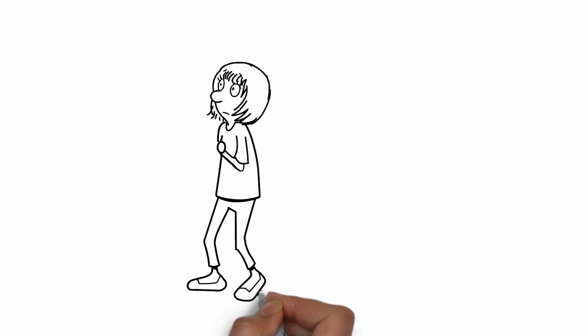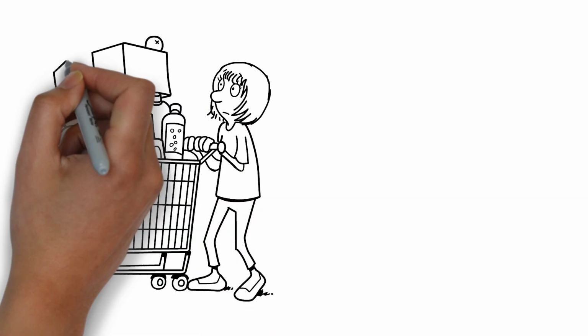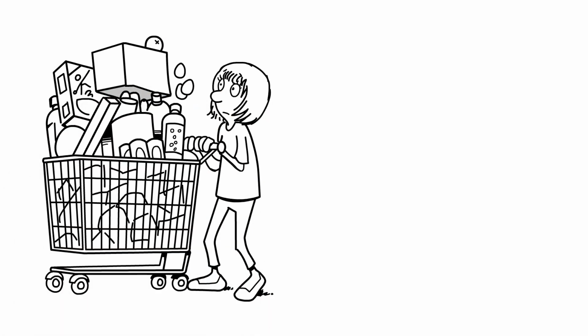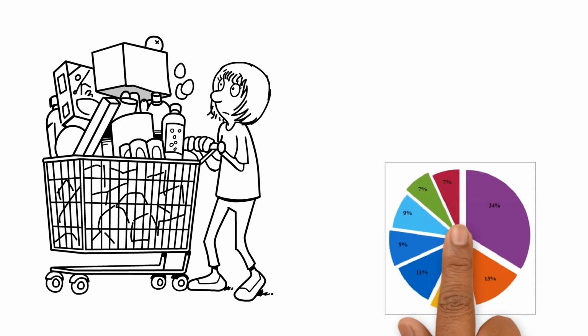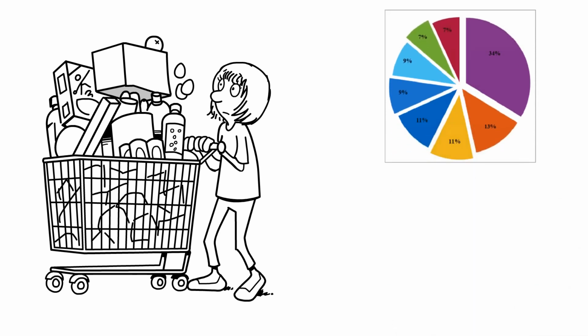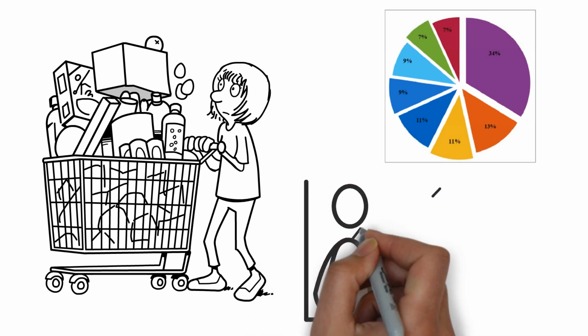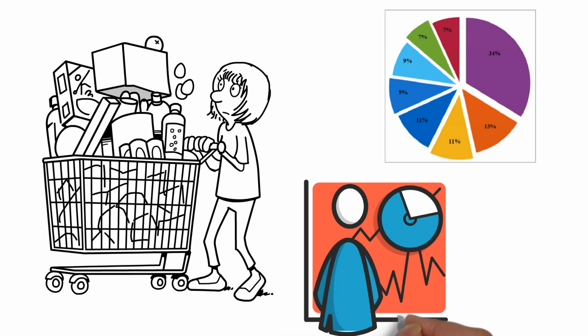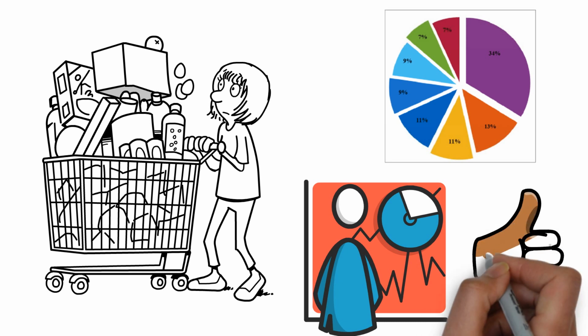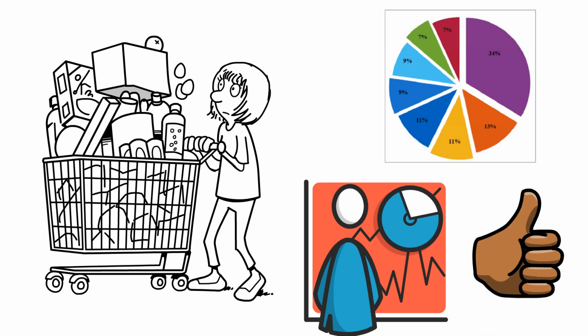ETFs provide instant diversification because they hold a basket of different securities. For example, an ETF tracking a stock market index might hold shares from hundreds or thousands of companies, spreading risk across the entire index. ETFs often disclose their holdings daily, allowing investors to know exactly what assets the fund holds. This transparency is beneficial for understanding the fund's composition and potential risks.